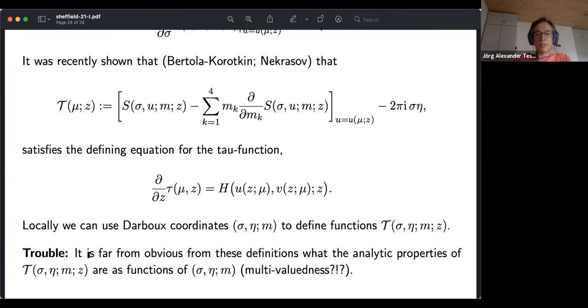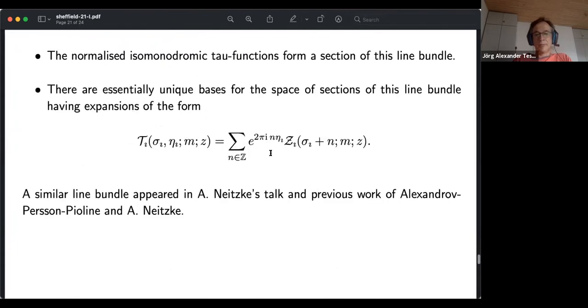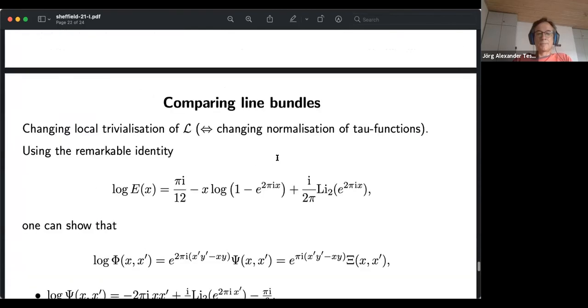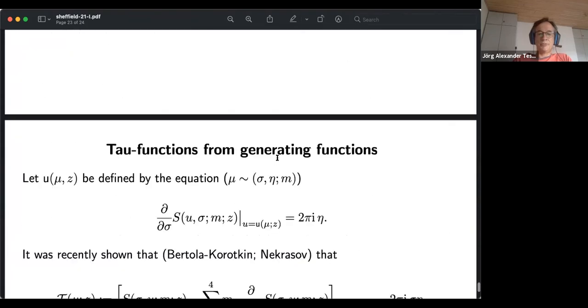But let me stress one thing: what is probably not immediate from this approach via generating functions will be the analytic properties of the tau function as a function of sigma and eta, because these expansions, whenever we have them and whenever we know more about the right-hand side, exhibit the existence of remarkable analytic continuations, which are not at all obvious from the definition via the generating functions.